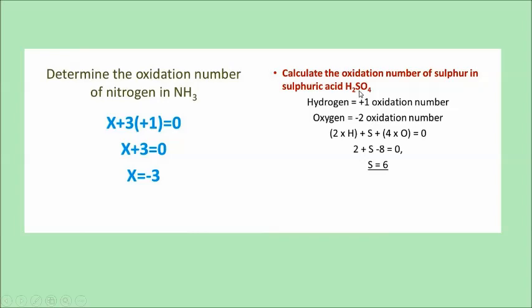So we put X for sulfur, here represented as S itself. 2 times hydrogen's +1 becomes 2, plus sulfur S, then 4 times oxygen's -2 becomes -8, equal to 0 because there's no charge. Solving this, we get S equal to 6. That means sulfur is in the +6 oxidation state in sulfuric acid.